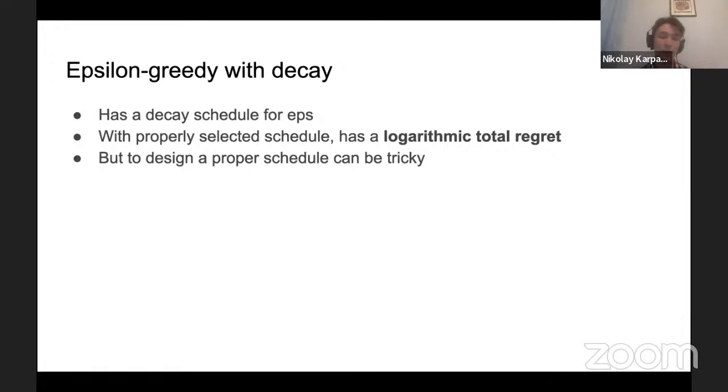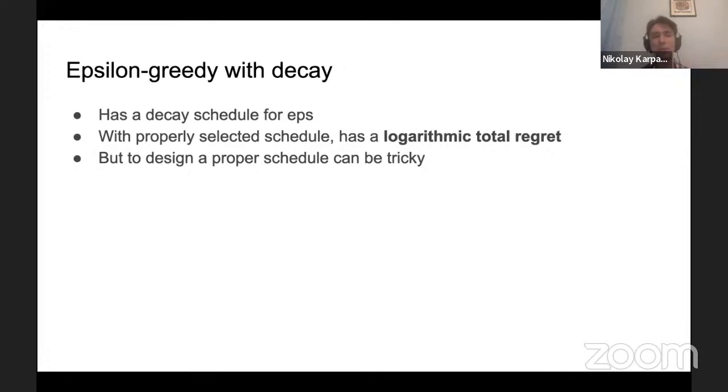With a proper schedule, this leads to some improvement in performance. Initially we have some loss because we have exploration, which incorporates random sampling of actions that are not ideal.